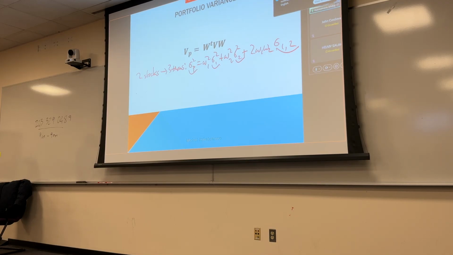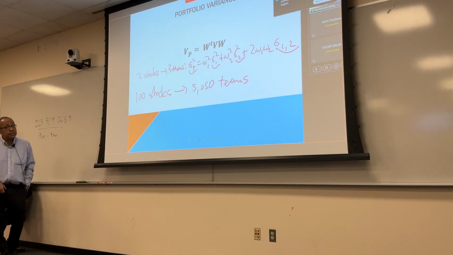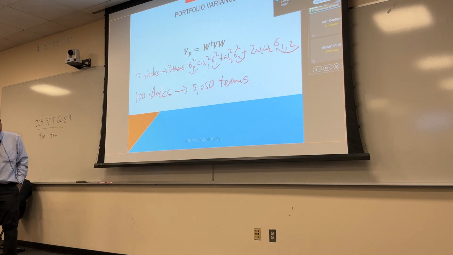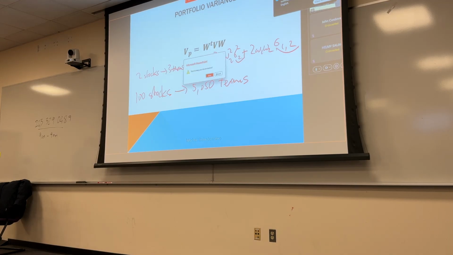If there are 100 stocks, then we know there are actually 5,050 unique terms, variances and covariances that we don't count twice. And so that's why computing the variance using matrices makes a lot more sense.